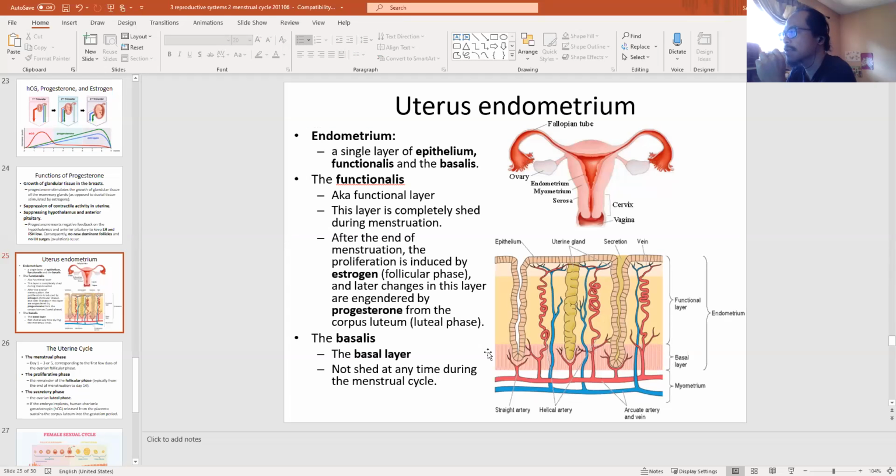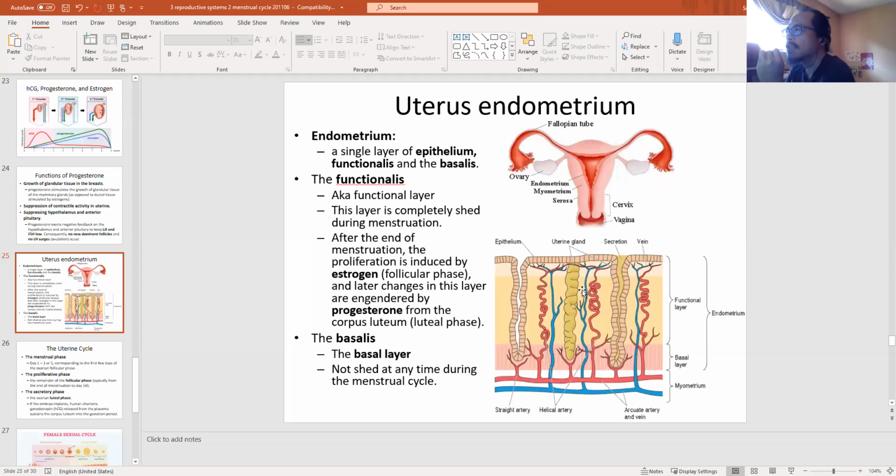The basal layer will remain. So when there is the bleeding, the menstruation, the functional layer will be degenerated and removed, but it will regenerate. So this is the region that comes and goes, but the basal layer remains unchanged.